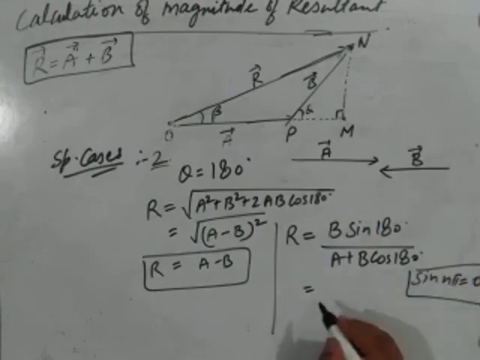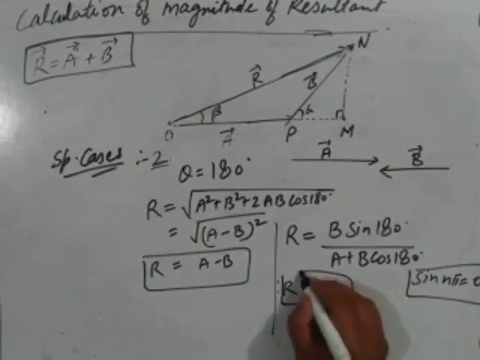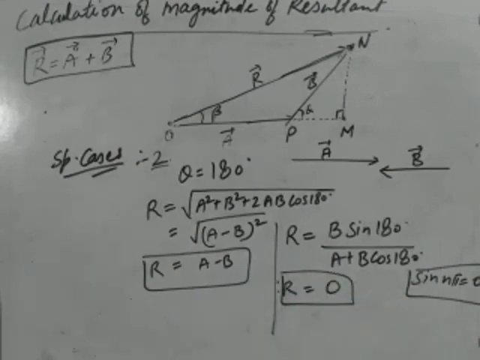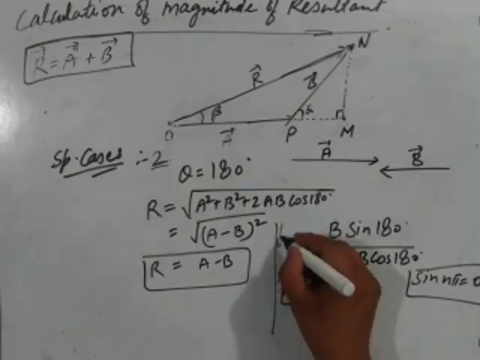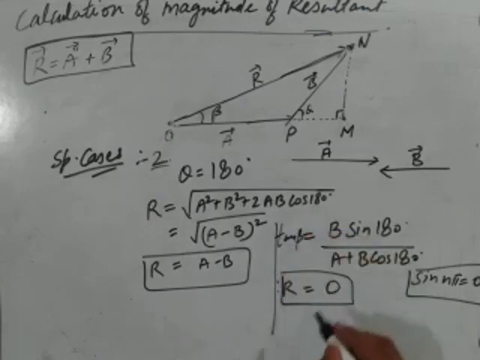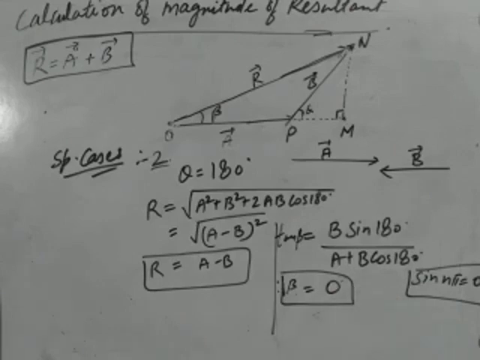So therefore tangent beta equal to 0. That means beta is equivalent to 0 degree. That means the resultant will make an angle of 0 degree.